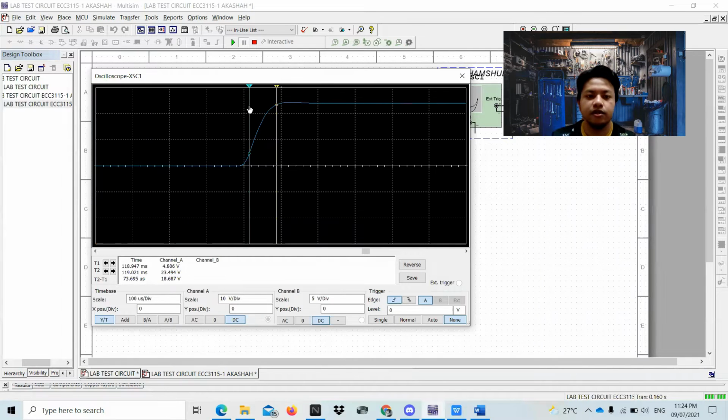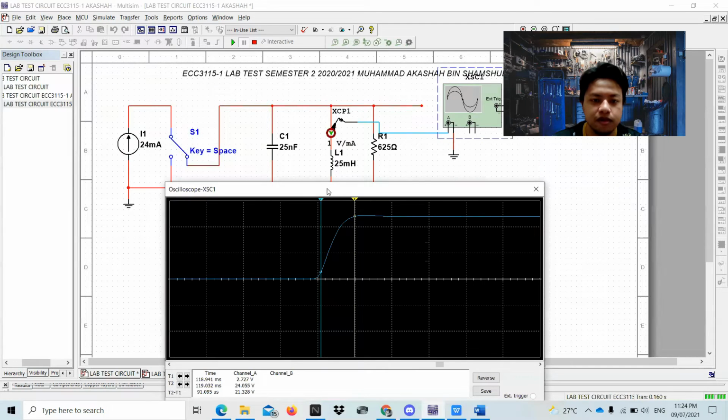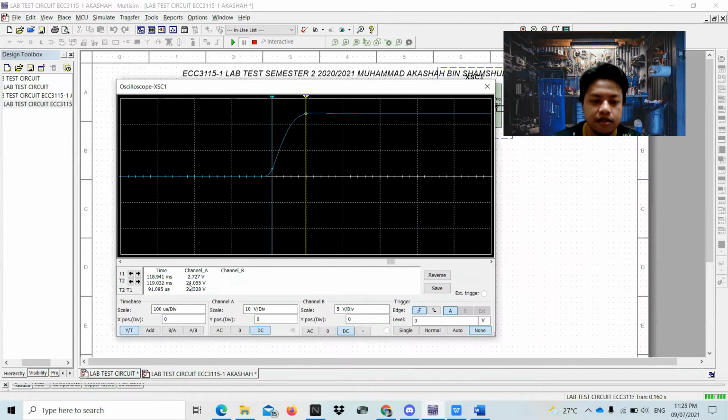As you can see here in the simulation part, the value at T2 exceeded the maximum current that flows into the circuit, and it is already 24.055 volts.